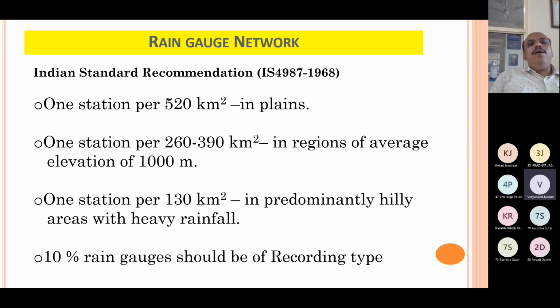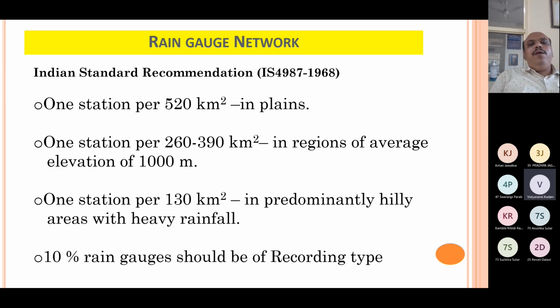Number 1 is 1 station per 520 kilometers, and it is for plain areas. If there is a rolling terrain, if almost plain area is there, in that case 1 rain gauge station is sufficient for 520 square kilometer.